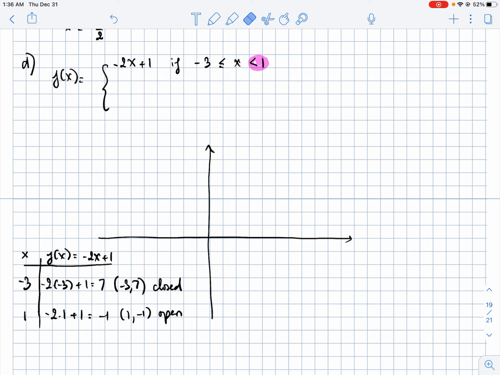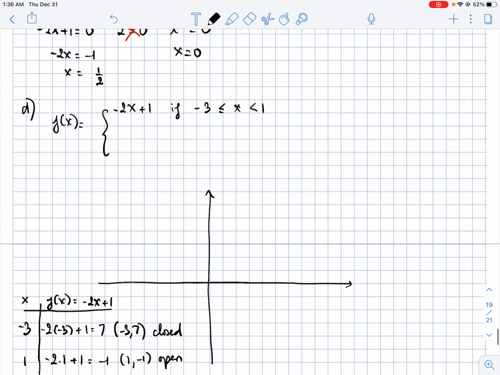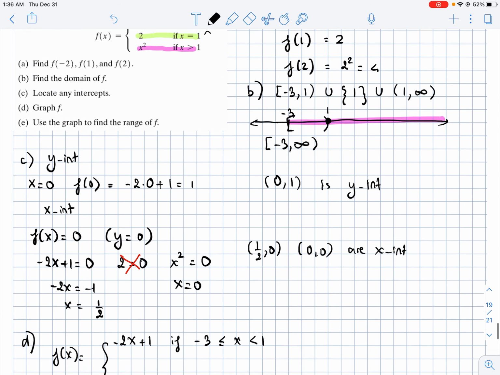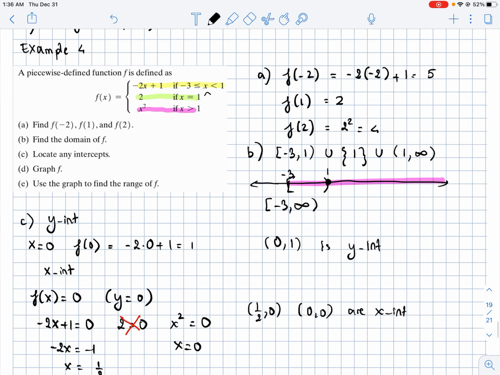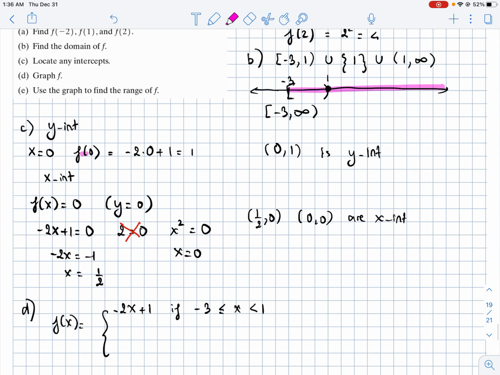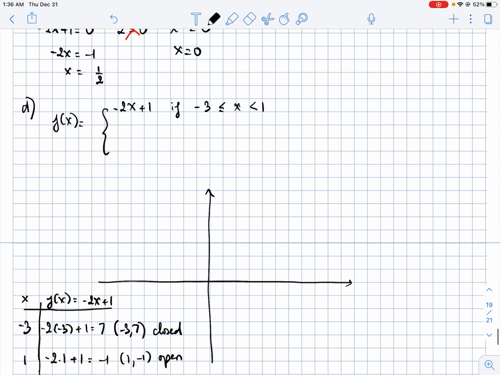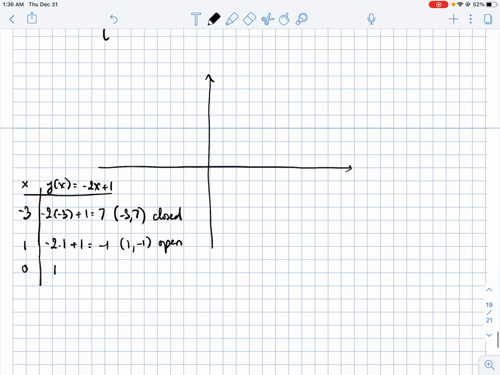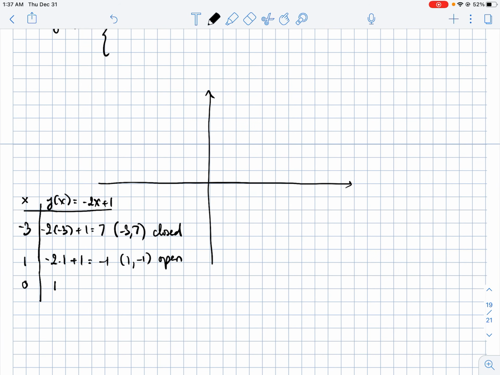And at 1, it does not have the equal sign, so this point will be open. You can make more points in between. For example, you can use 0, but we already calculated f of 0 in part C. So if you pick 0, then y will be 1, so you can plot the point (0, 1).